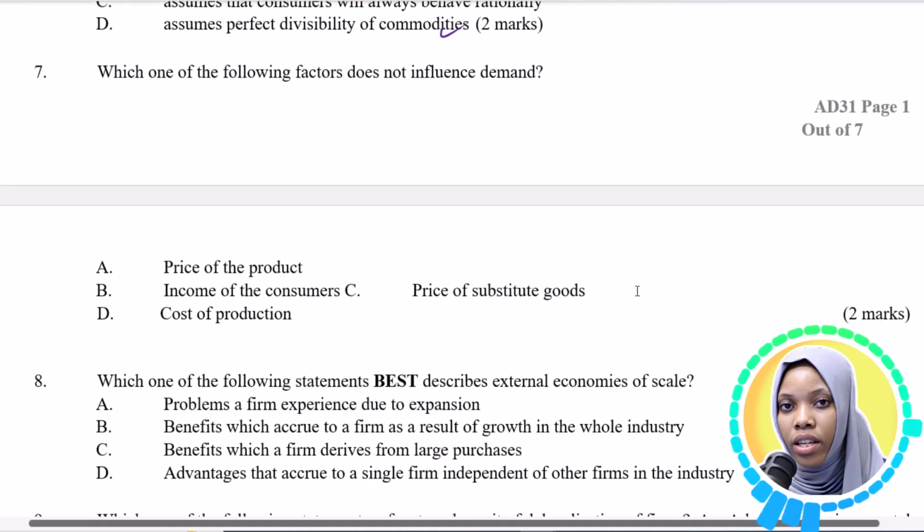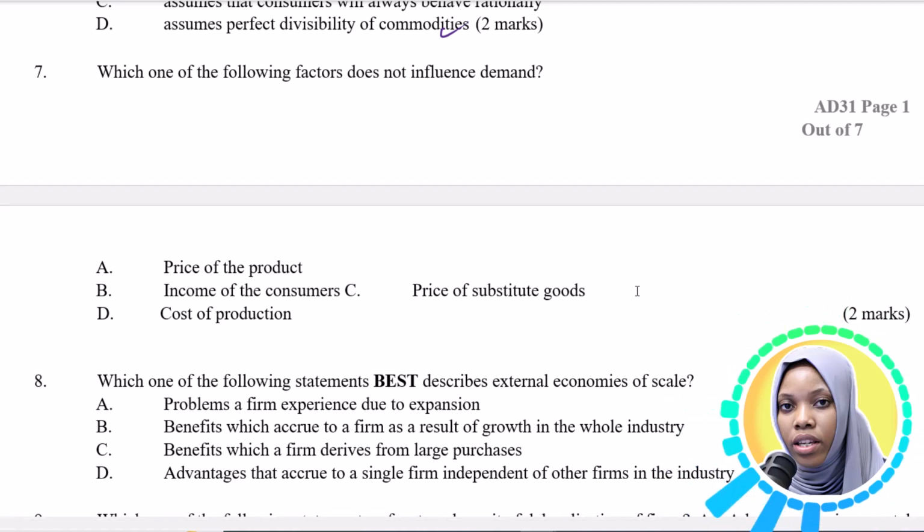Question number 7 reads, which one of the following factors does not influence demand? Choice A, price of the product.